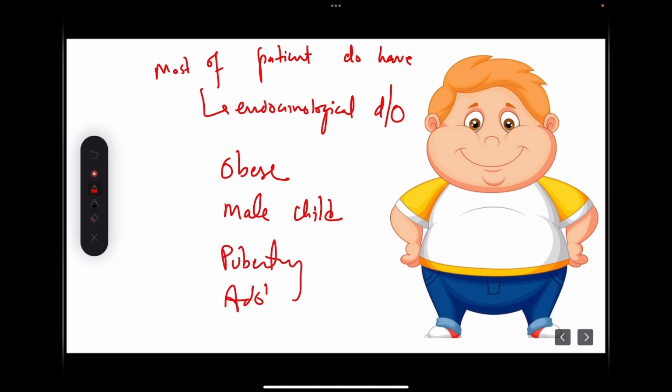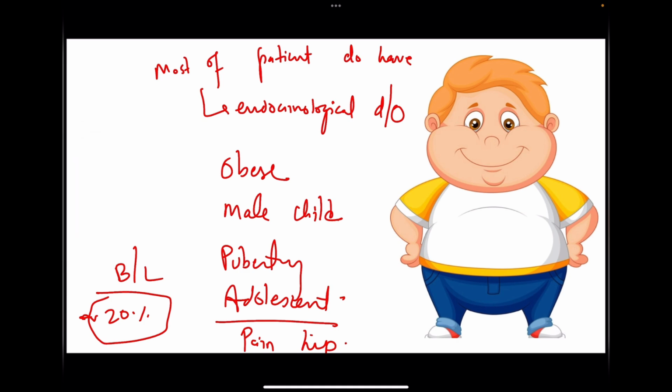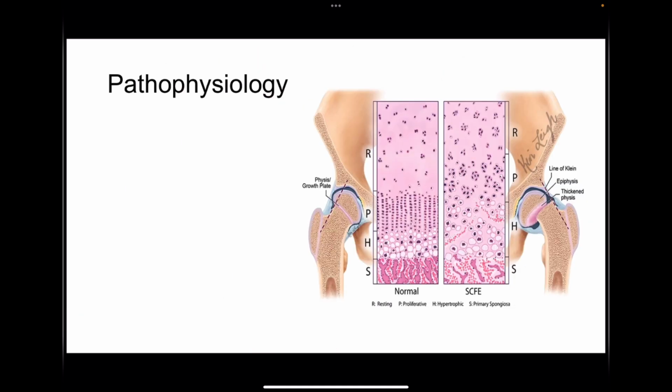So these are adolescent male children who are obese. This is the general presentation of an SCFE when they present with pain around the hip. And in nearly 20% of cases, the condition is bilateral. It can involve both the hips.